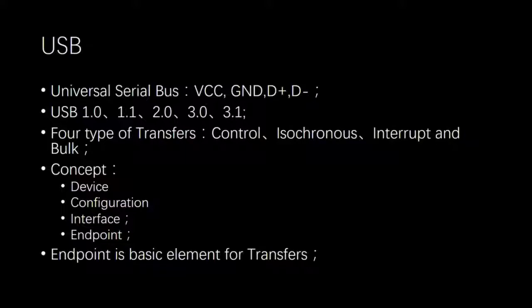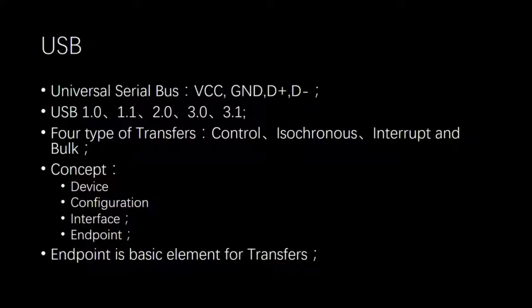Basically the USB protocol has four types of transfers, and the first one is control transfer. Control transfer is mostly used in the initial state for setting up the USB device by the operating system.